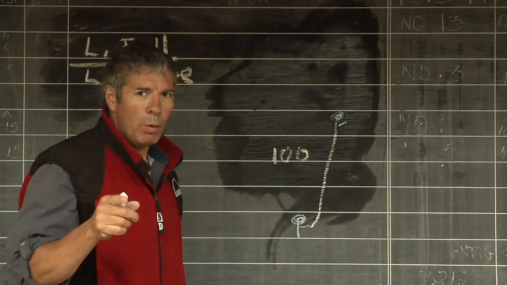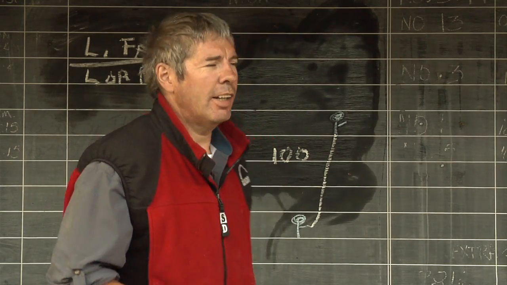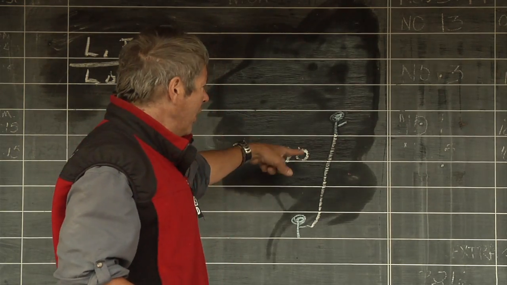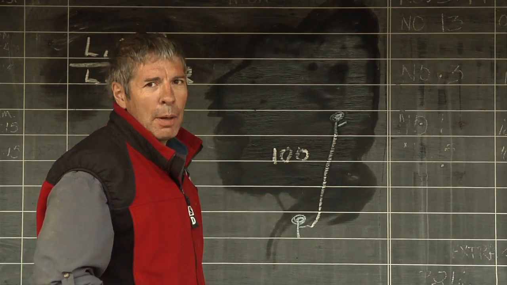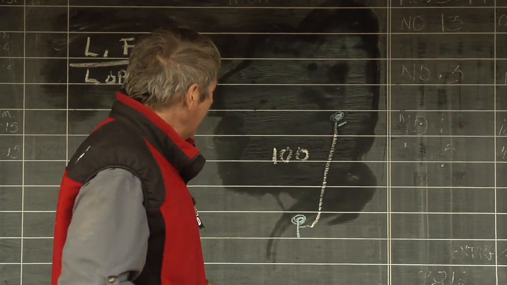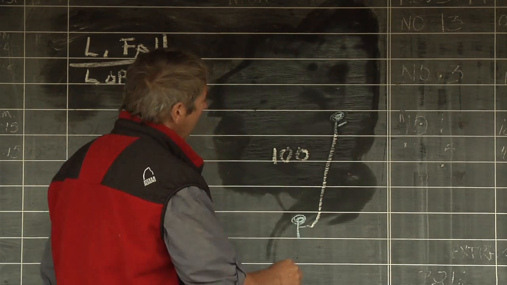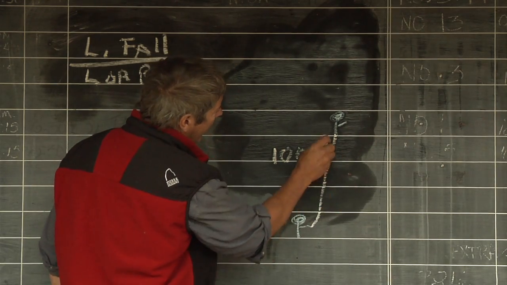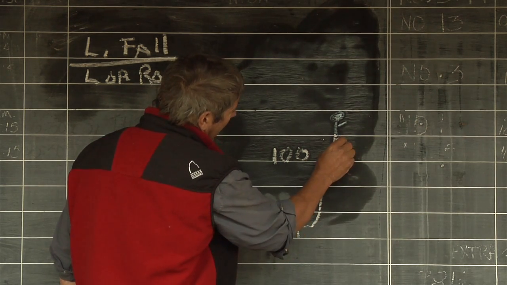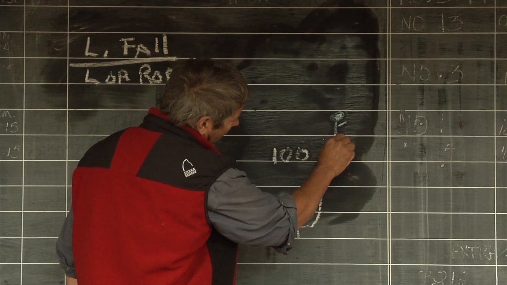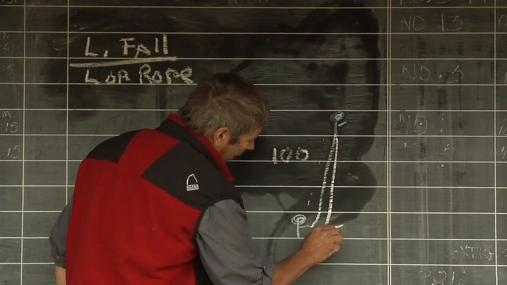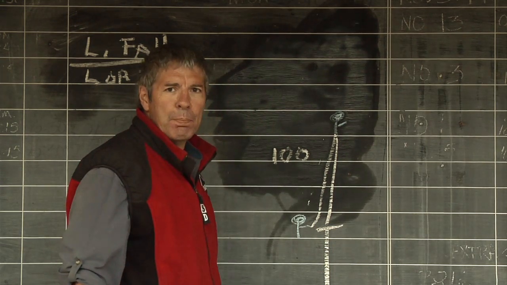Okay, so this is where it can get confusing, because you think, oh well, if you're going to calculate a fall factor, there's 100 feet of rope out, he can only fall 100 feet. But let's take a worst case scenario where he's on a multi-pitch climb, and he can actually fall past the belayer. So if he has no gear in, no intermediate pieces of equipment, he could potentially fall the 100 feet to the belayer, and then another 100 feet below that.